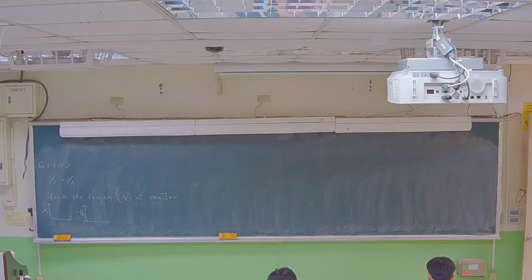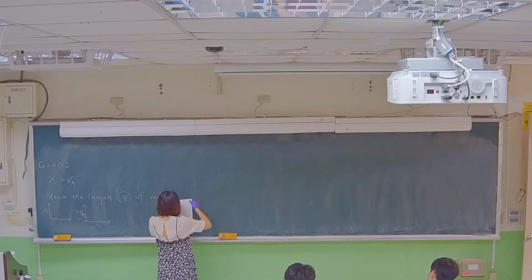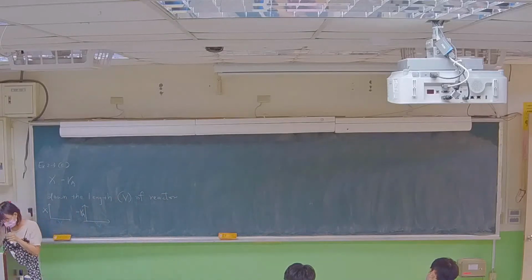So now we can use just 3 points to do the integral. But the 3-point method is weaker than 5 points. So let me introduce you first to the 3-point method.